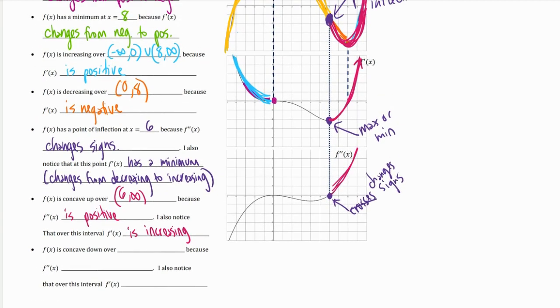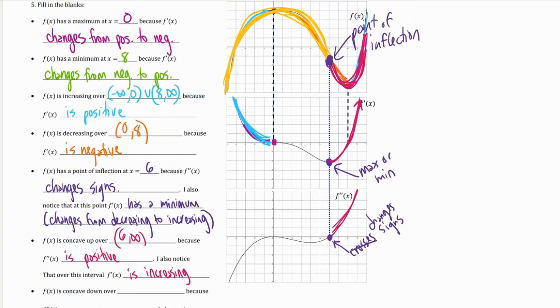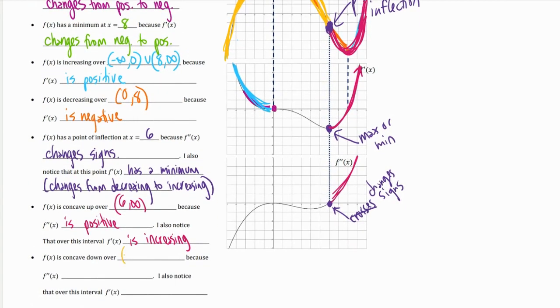So f of x is concave down over negative infinity until negative 6. Because f double prime, now let's look at what's happening on f double prime. F double prime is negative.